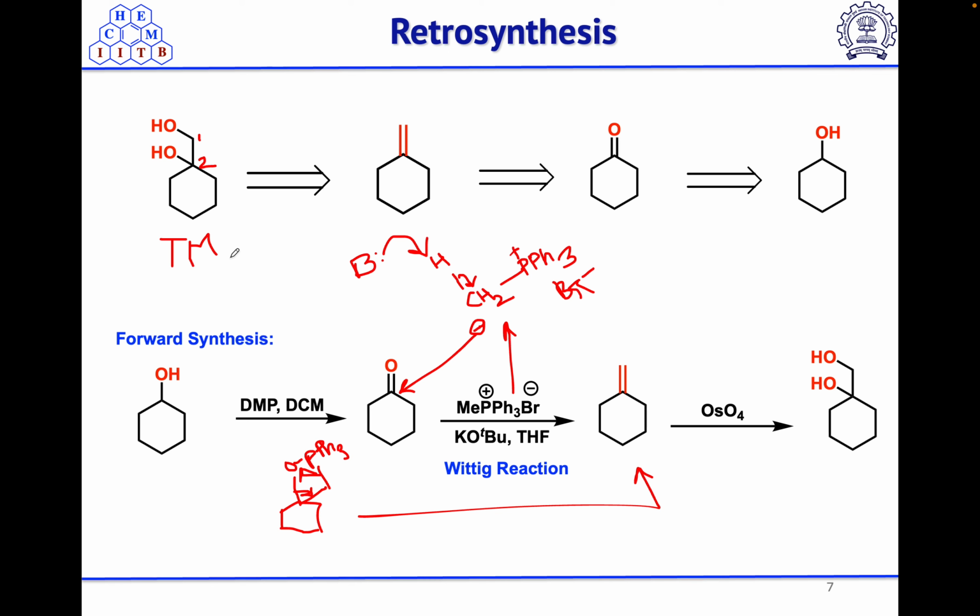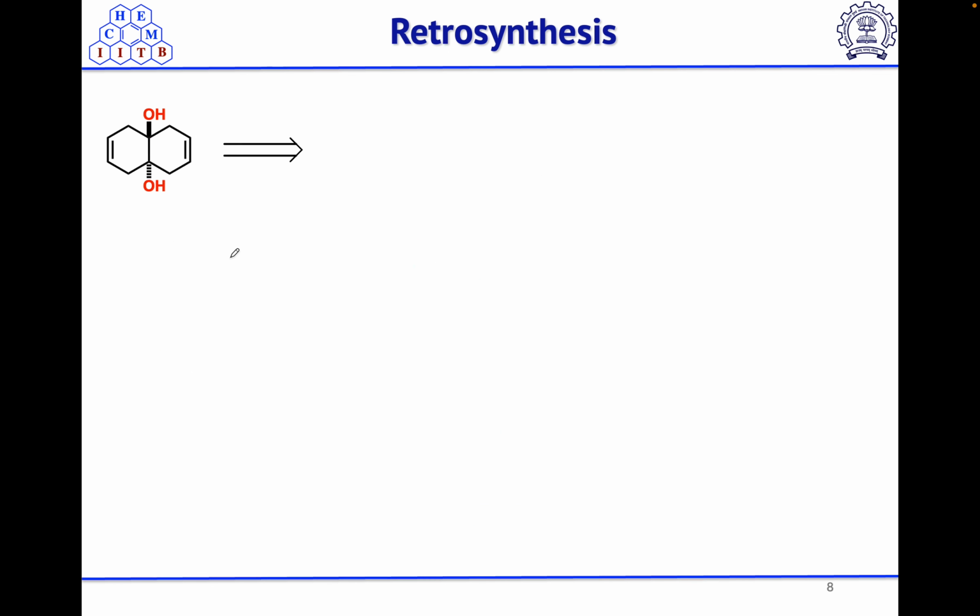Okay, now after this we will come to a different example. This is another example. If you see this molecule, what does it exactly have? It is a bicyclic compound, a fused six-membered ring compound, having this olefin and this trans 1,2 dihydroxy compound.